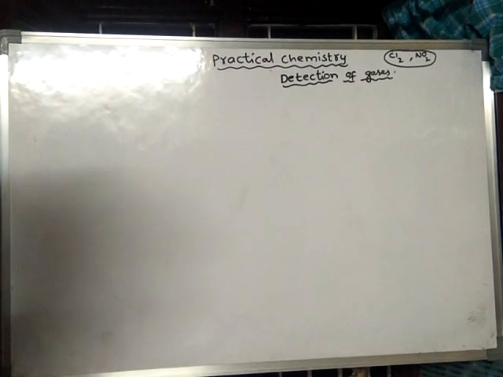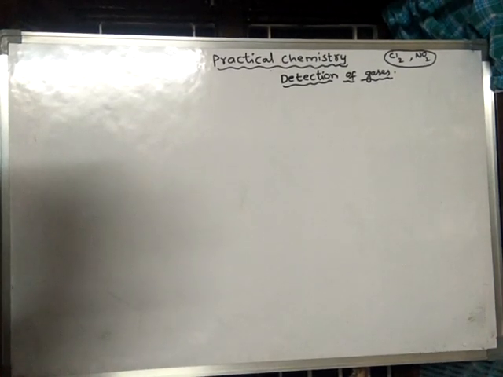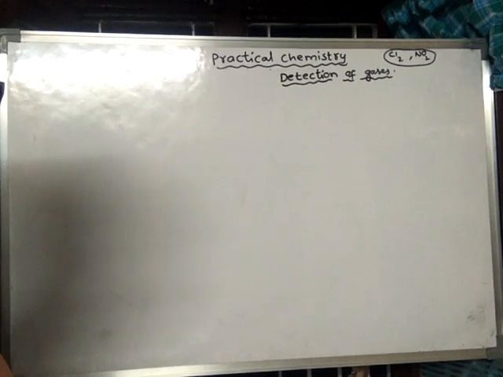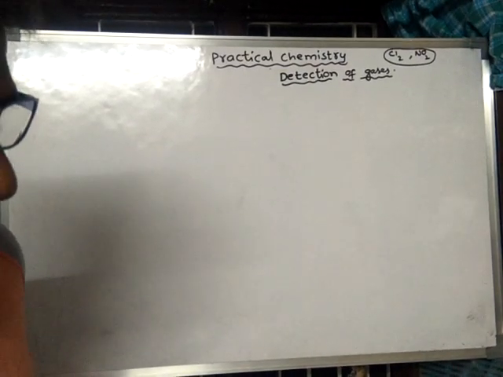NO2 and HCl have a strong, pungent smell. H2S has a rotten egg smell. Hydrogen, oxygen, water vapor, and carbon dioxide do not possess any smell. We have seen all this in our previous class.